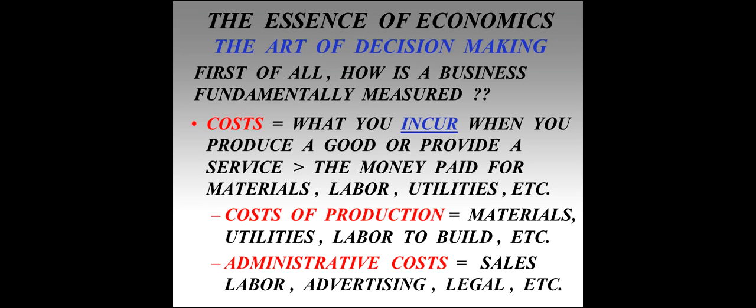The same would hold true for anything that you pay out for advertising your product or service, or, for example, if you hire an accountant to keep your books, or a lawyer to set up fundamental contracts for you. Those are costs associated with the business that are not directly related to the actual production of the product or service.